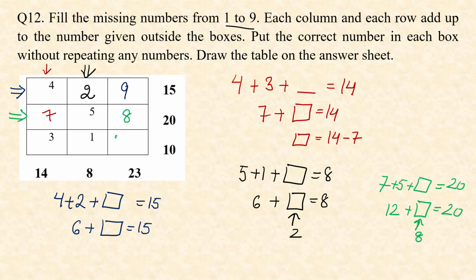Now to find this particular blank, you can use the column as well as the row. If I use row 3, then 3 plus 1 plus blank is 10. Or the other way is to check which number is missing.